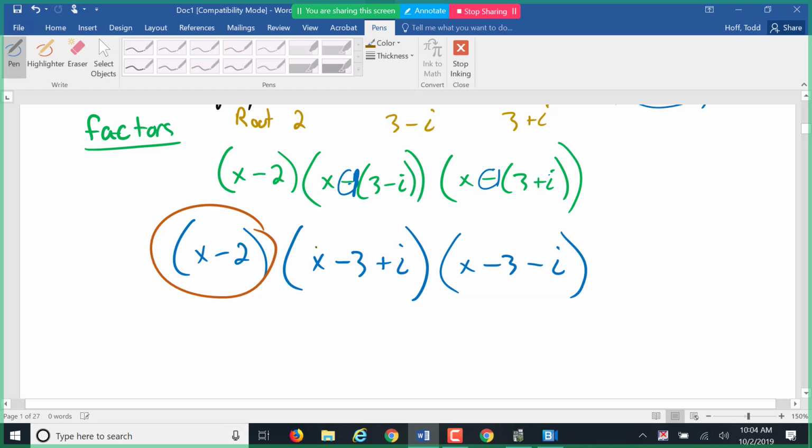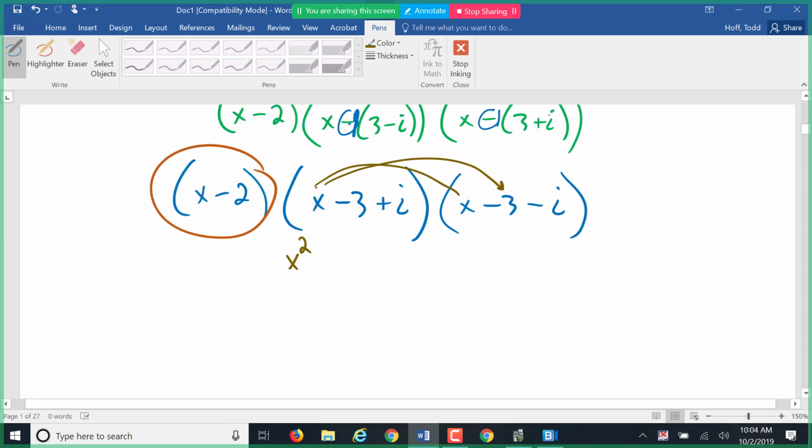So I'm going to have x times x, that's x squared, x times negative 3, that's negative 3x, and x times negative i, that's negative ix. I move on to my next term, the negative 3.